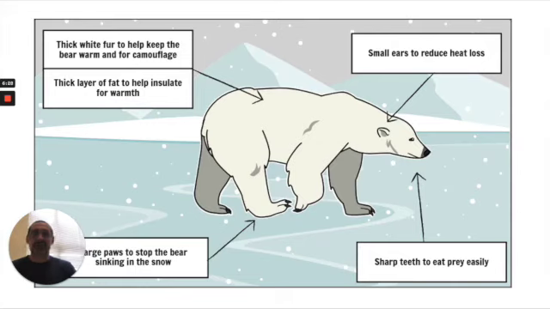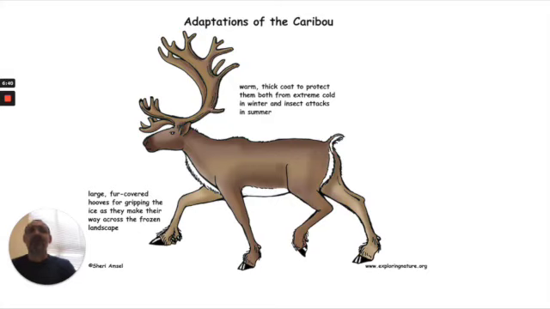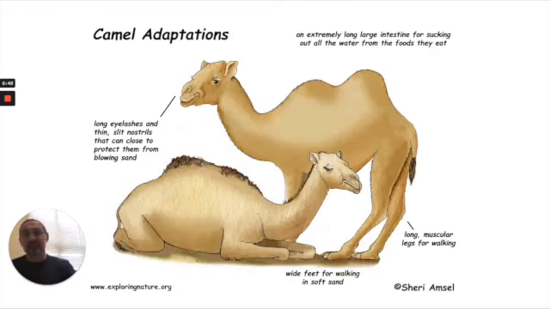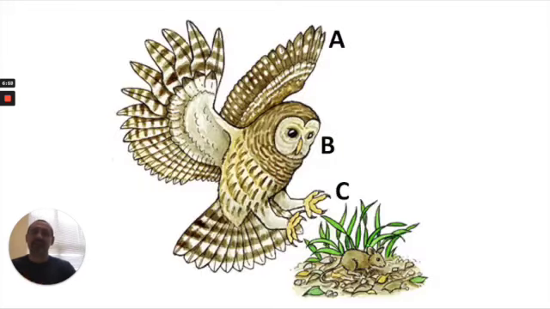So for example, here's a polar bear. You can see some of the adaptations that this polar bear has in order to survive better in its Arctic environment. Caribou, there's some adaptations for this caribou. Things about the caribou that help it survive in its environment. For camels living in a desert, they have certain adaptations that help them have a better life or existence in their desert environment.